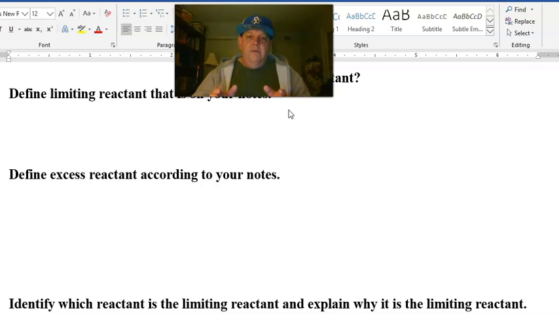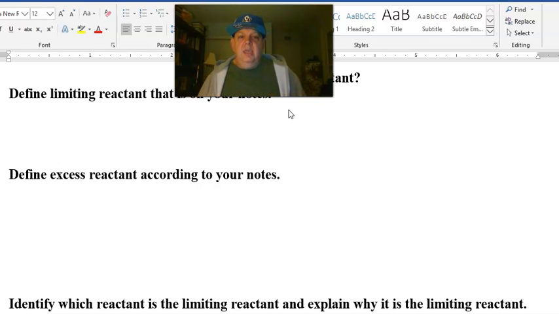You could have three different reactants, three different ingredients, and a certain amount of each. The one that is going to run out first is your limiting reactant. Excess reactant, on the other hand, simply means you have more than enough to complete your chemical reaction. Whether you're making something or breaking something up, the idea is still the same.